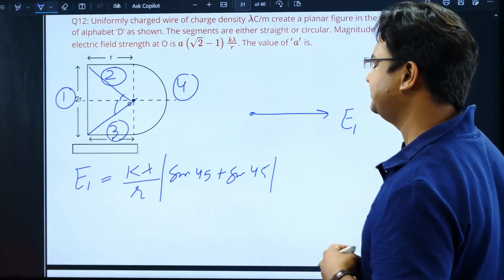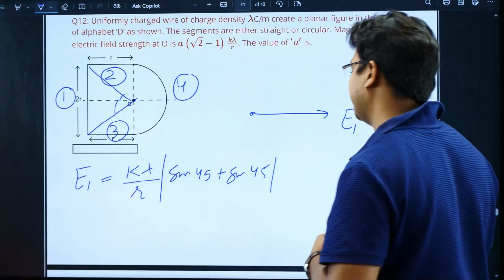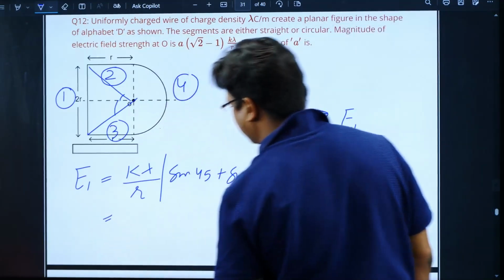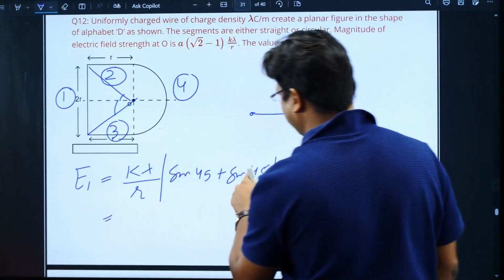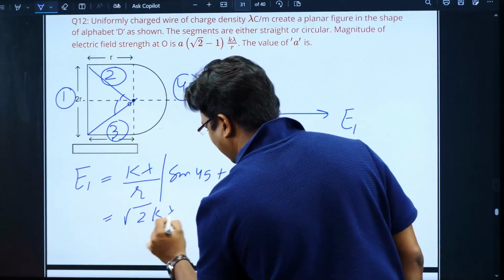I think I'm right. Okay, so this becomes 1 upon root 2 into 2, that's root 2. So this becomes root 2 times k lambda by r.